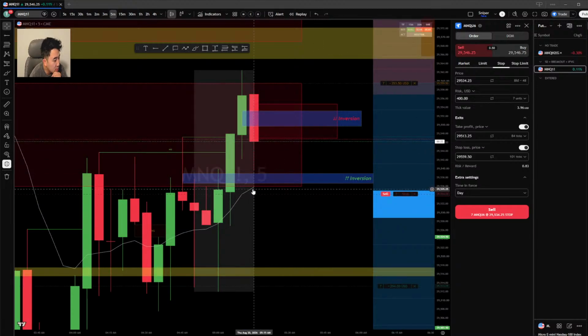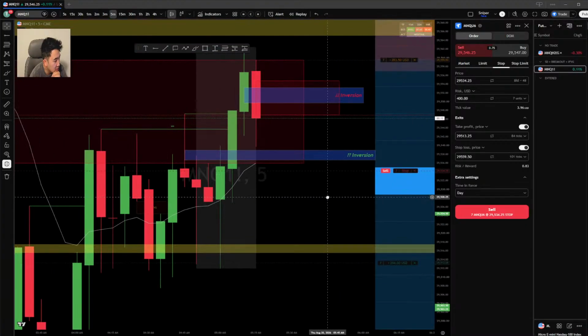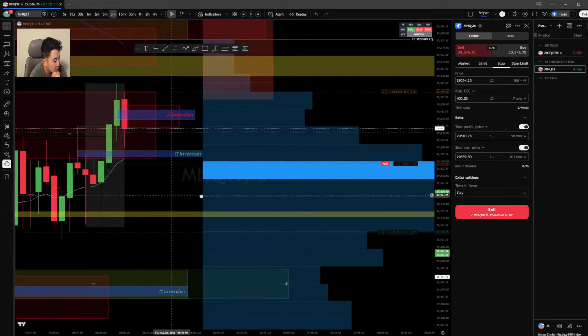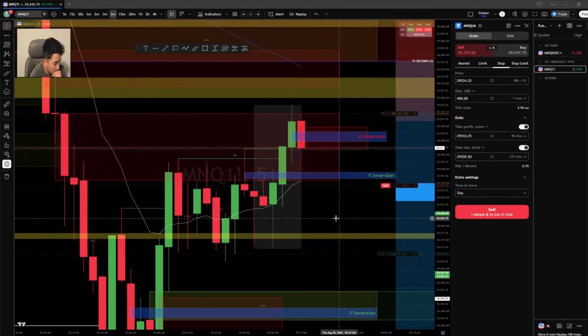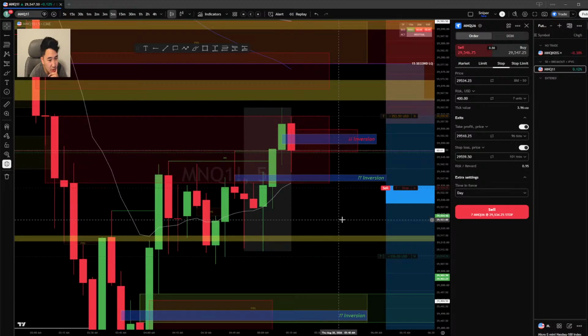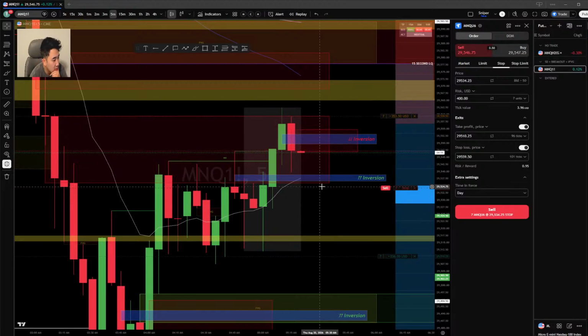It would need a big push down over this 13 EMA for me to take the break of that close for some sells. So possibly the next candle still hasn't tapped into this bullish inversion zone yet.